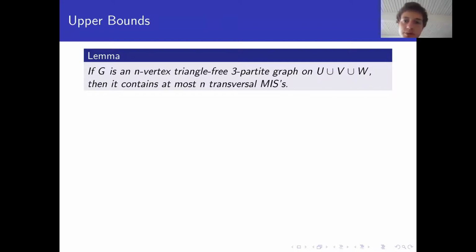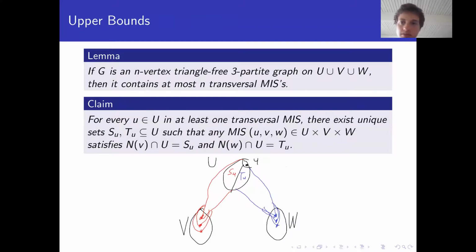And in particular, we'll be done once we prove the following lemma, which is that if we have an n-vertex triangle-free graph which is 3-partite, then it contains at most n transversal MISs. And again, I won't go through all the details, but one particular claim that I want to highlight is this guy here, which is basically the main claim of this whole lemma.